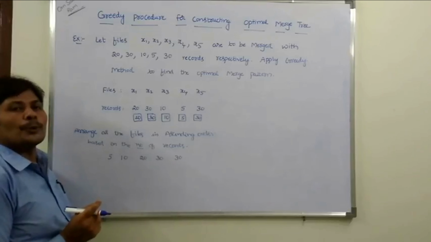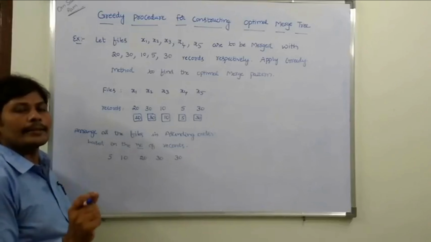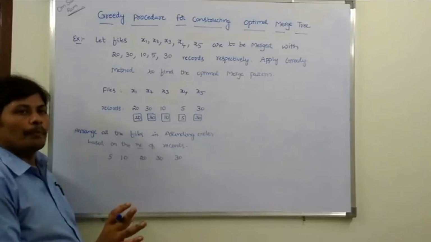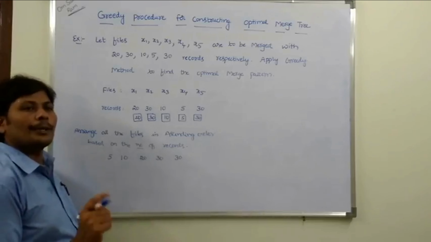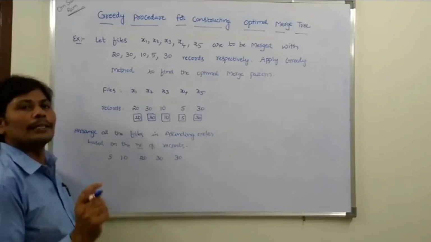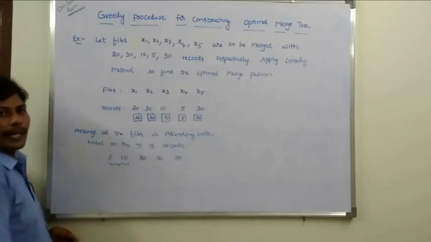identify the two smallest sized files and merge them. After merging, a new merged file is produced. That new merged file is inserted into the list at its correct position. So here among 5, 10, 20, 30, 30, the two smallest sized files are 5 and 10.